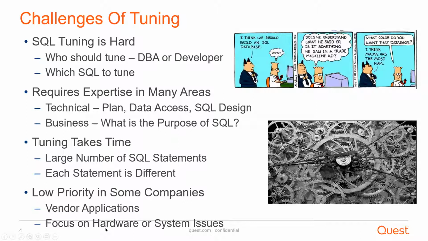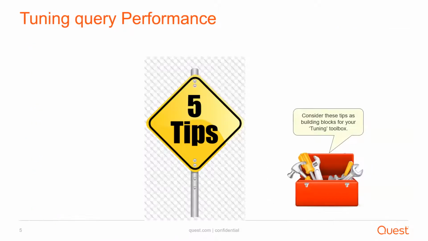He tried to throw money and hardware at poor SQL. And the problem is that poorly written SQL will just consume resources, especially when the data grows and the workloads change. So we're going to jump right into my 5 tips. I want you to consider these as building blocks for your tuning toolbox.